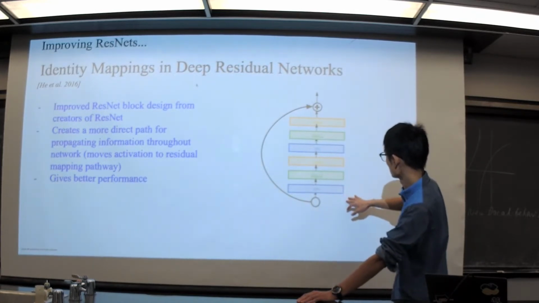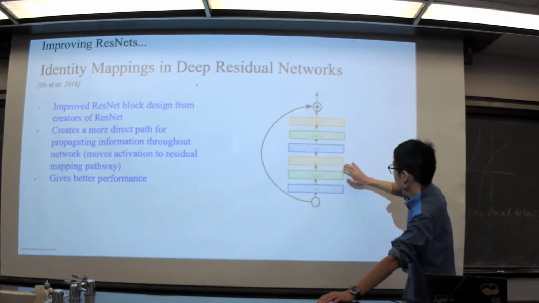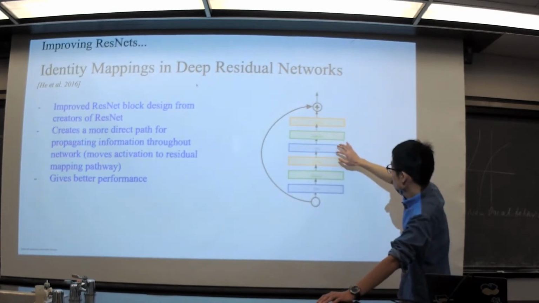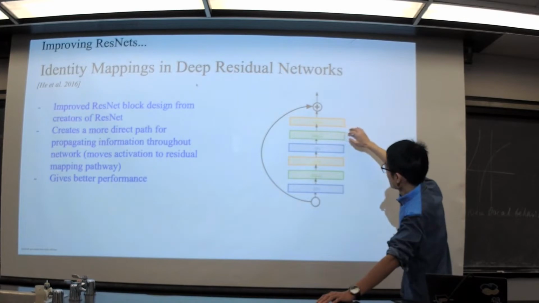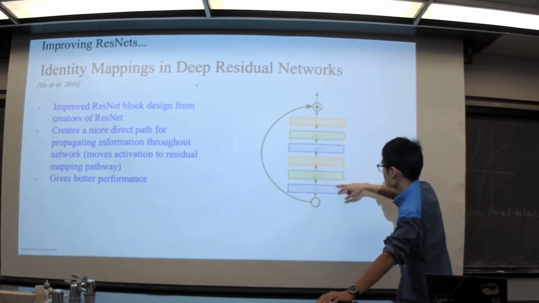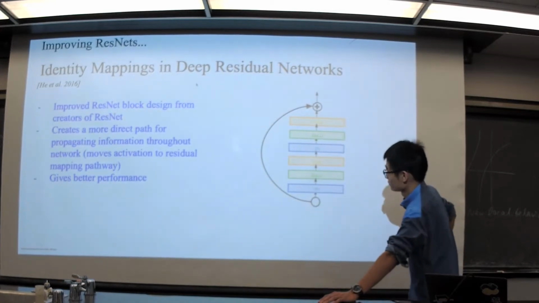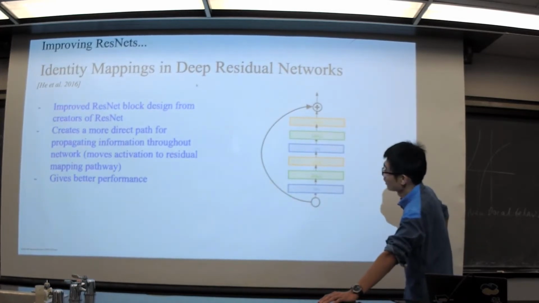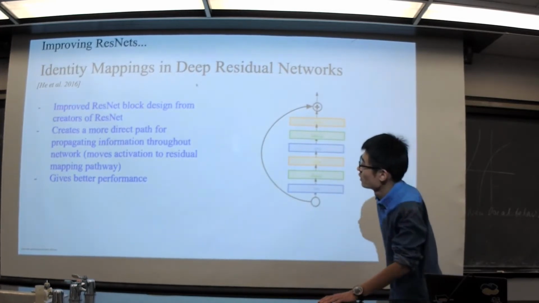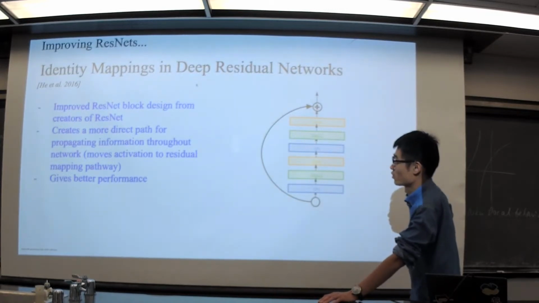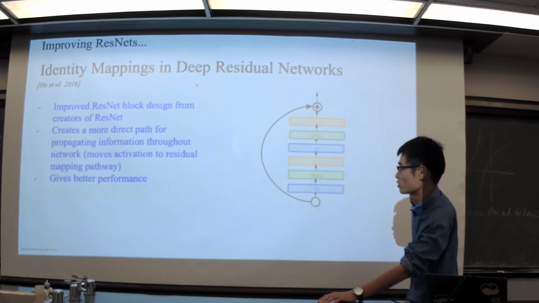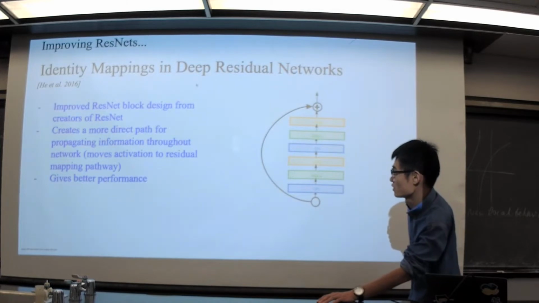It used to be conv, batch norm, ReLU. It changed the order, as you can see. That's the only difference. It creates a more direct path for propagating information throughout the network.